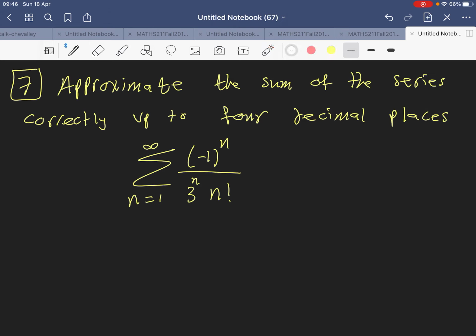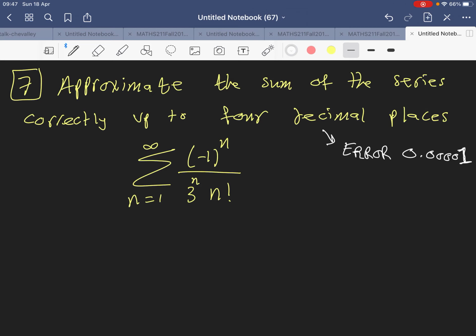Now 4 decimal places means, if you remember, we said what will be the error? The error will be 0.0000, those are correct, and then the next one could be any number. It doesn't matter. We just write it as 1.